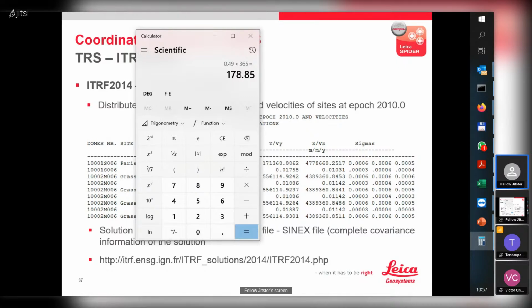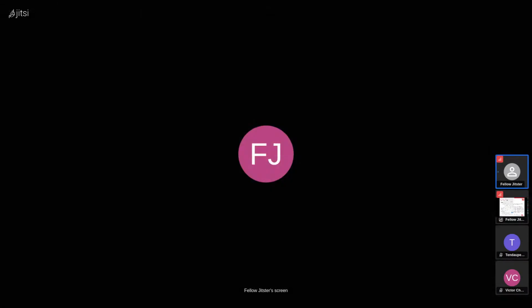Now I will start another calculator. At least I didn't do it. My colleague did it, so I hope he did it right. Okay, where is this other calculator?